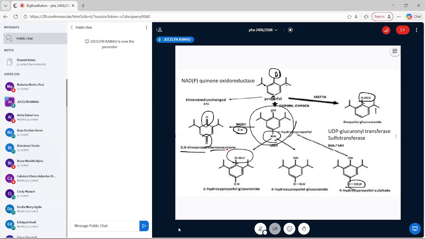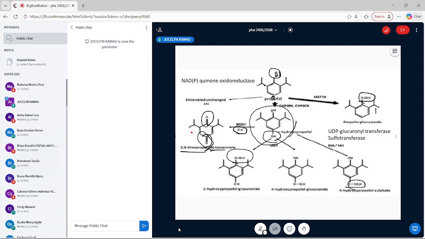And again, when you see this product being a quinone, we know one thing about quinones. Quinones are potent electrophiles. And because they are potent electrophiles, this drug can cause toxicity, because of the fact that it is a quinone. That means this carbon here has a delta positive.